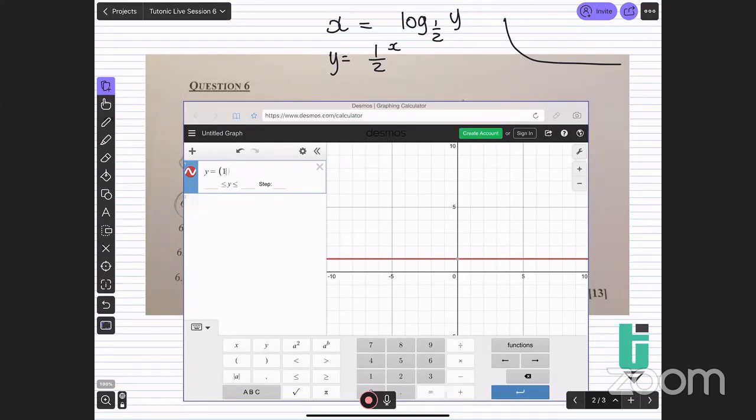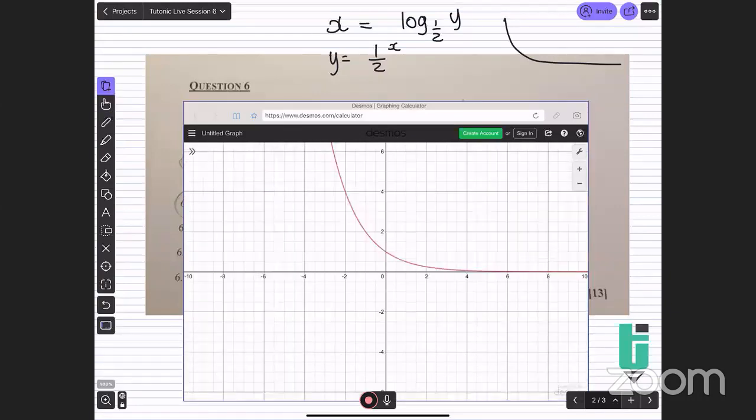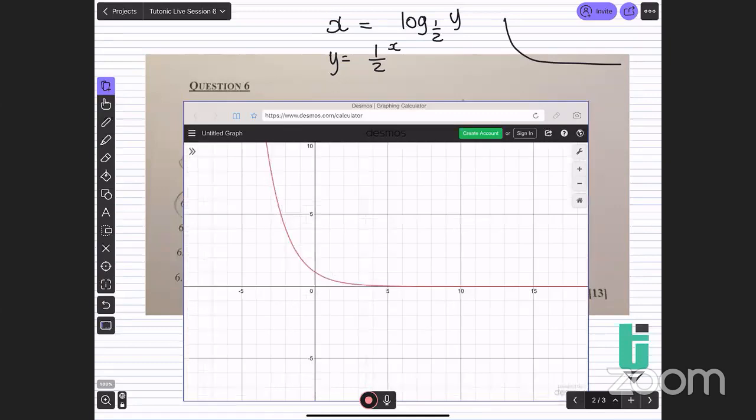So if a is positive, it means it's above the x-axis. And if b is a fraction, it means that the function is going closer and closer to the x-axis as you go from right to left. So I mentioned that in the concept video. So the concept video is very important. Do you guys see that? Even before drawing it, even before plotting it.